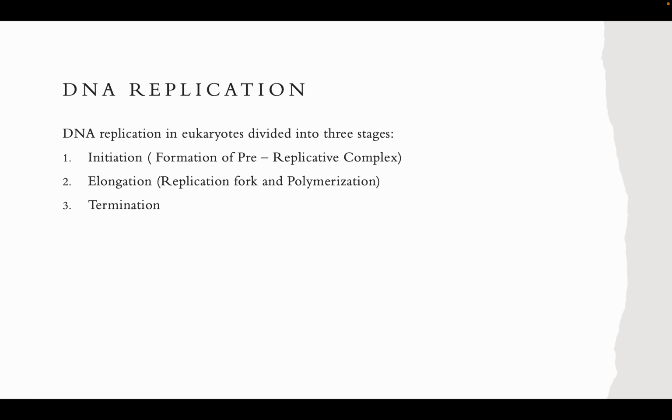So DNA replication in eukaryotes is basically divided into three stages, as always. First is the initiation, in which the initiation complex is formed and different enzymes are recruited at a particular point to initiate the replication. Then is the elongation process, in which the replication elongates in one direction from where it started.